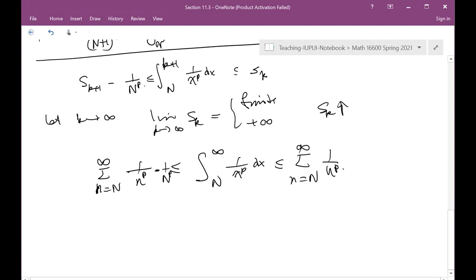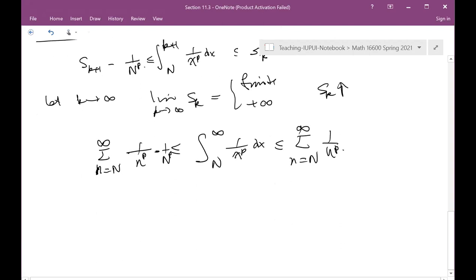Now you will see that the series is convergent if and only if the integral is convergent. So you can conclude the following fact.